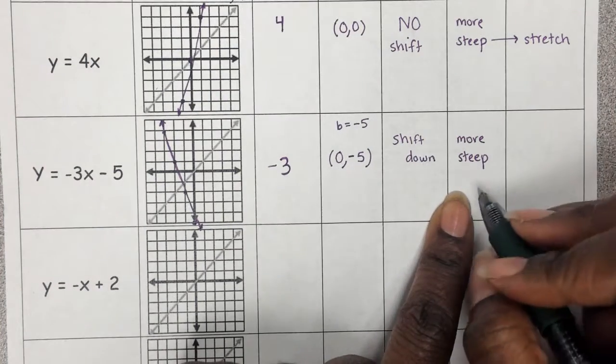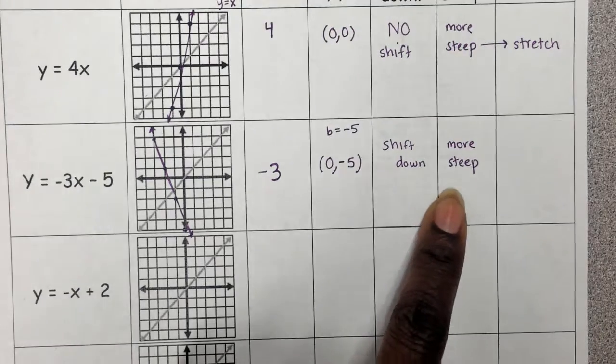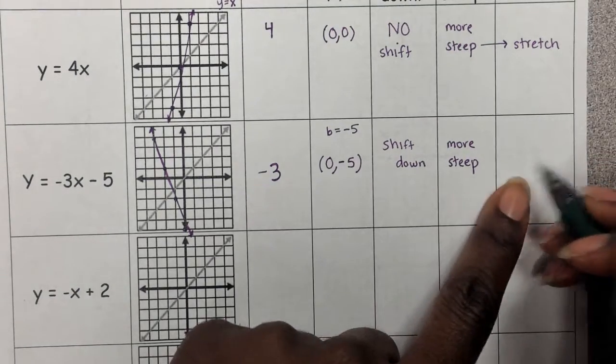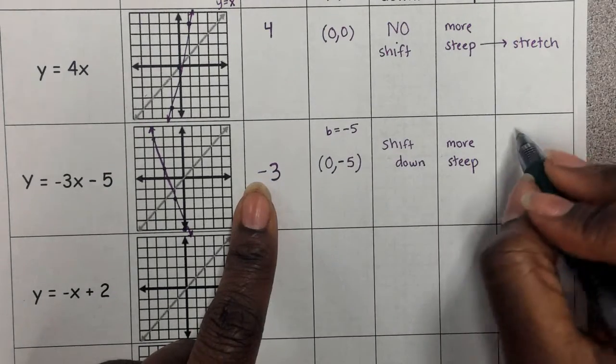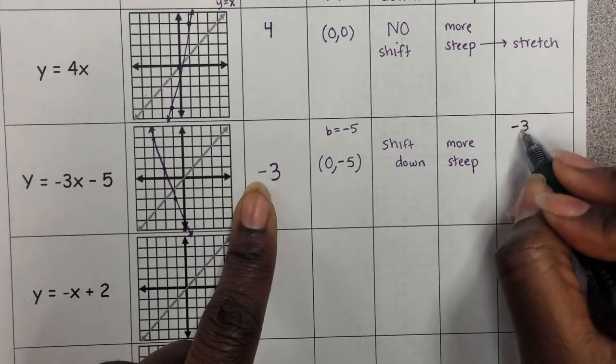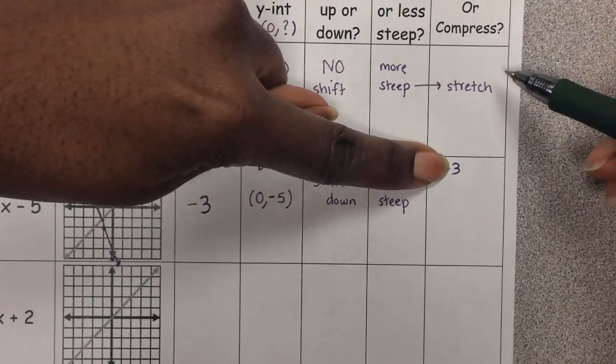And let me tell you the reason why. This one is definitely more steep. However, stretch or compress, we need to talk about this. Notice this number, it is a -3, but we need to ignore the negative to tell if it's stretch or compress.